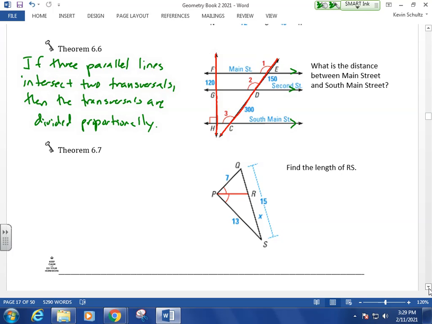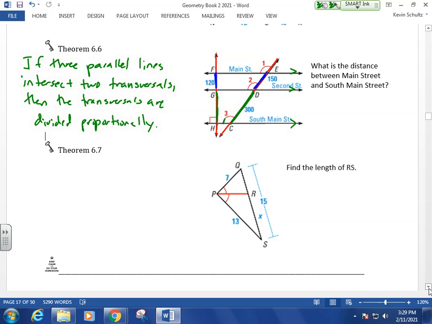Which means that these sections here, FG and ED, are proportional. As are, in green, GH and DC. It's not the parallel lines that are sectioned off proportionally. So these three here in the middle, I just put tick marks through, they are not proportional, but the transversals are. So we have blue with blue and green with green.